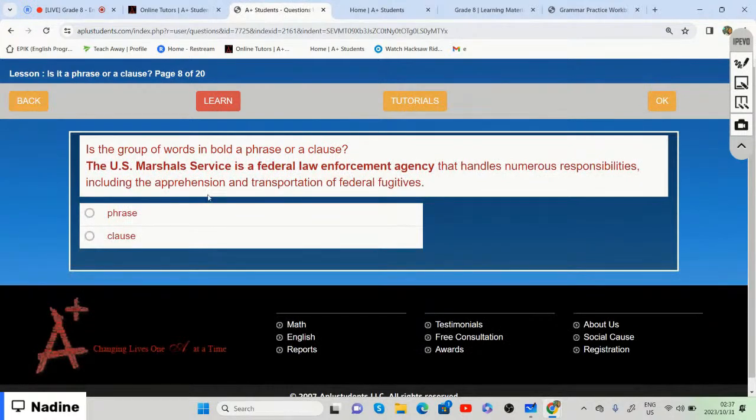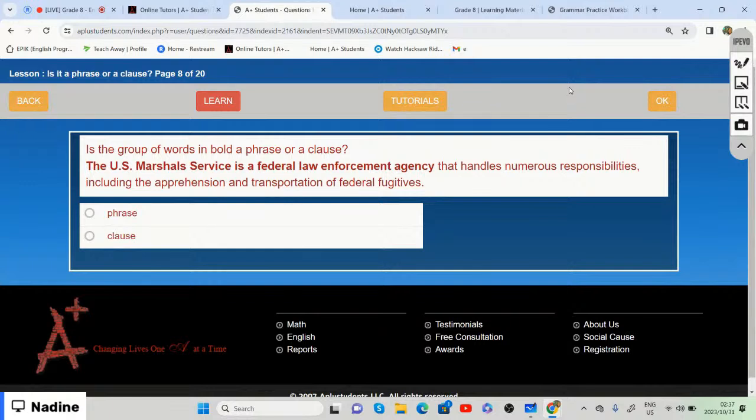The U.S. Marshals Service is a federal law enforcement agency that handles numerous responsibilities, including the apprehension and transportation of federal fugitives.